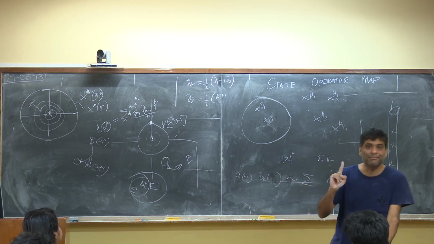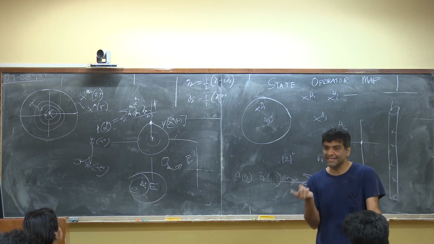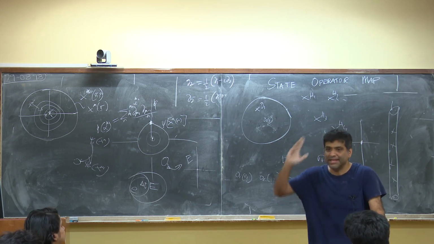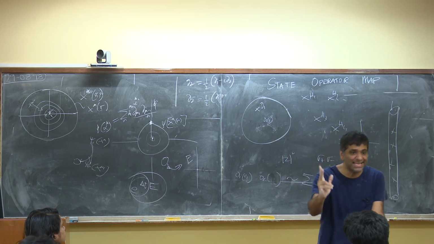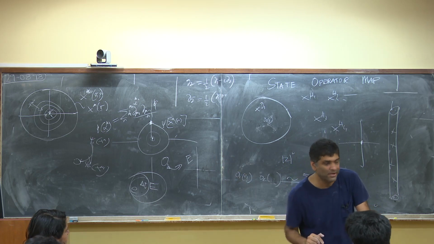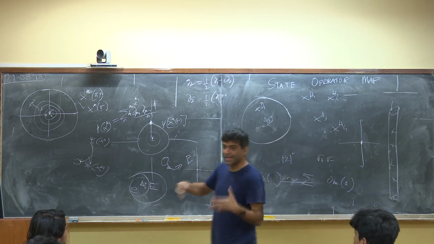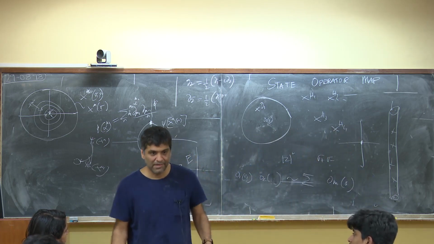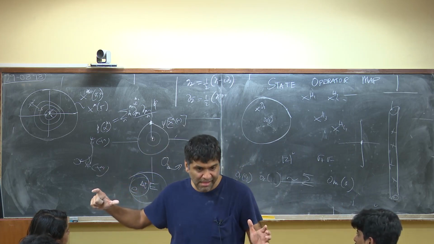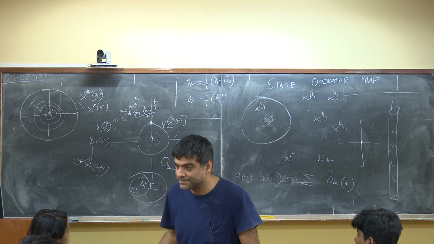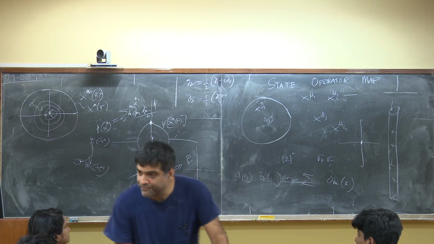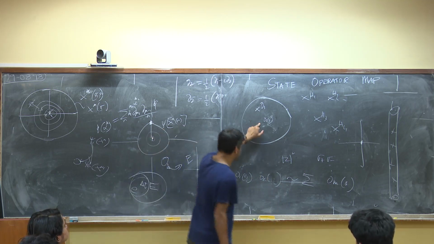The state operator map told us it's a one-to-one correspondence between operators and states. And in states, we have this lovely theorem that in a Hilbert space, any state can be expanded in terms of its basis. Let's use an energy eigenbasis for the Hilbert space. So any state in the Hilbert space can be expanded in a convergent expansion in terms of the basis of that Hilbert space. Associated with each basis vector, there's a corresponding local operator. Let's call those OMs.